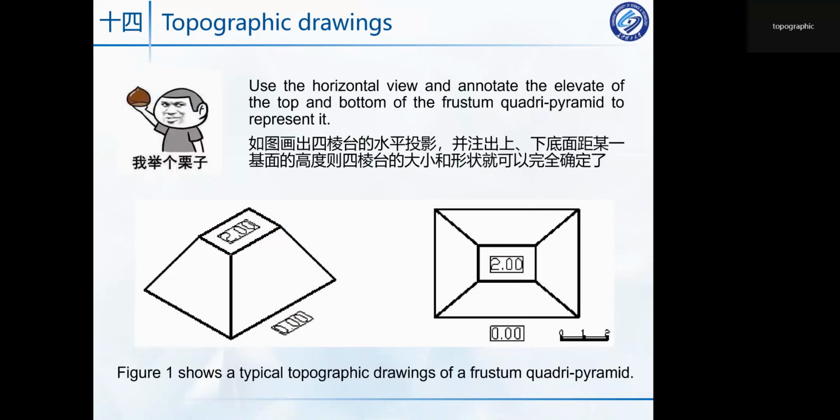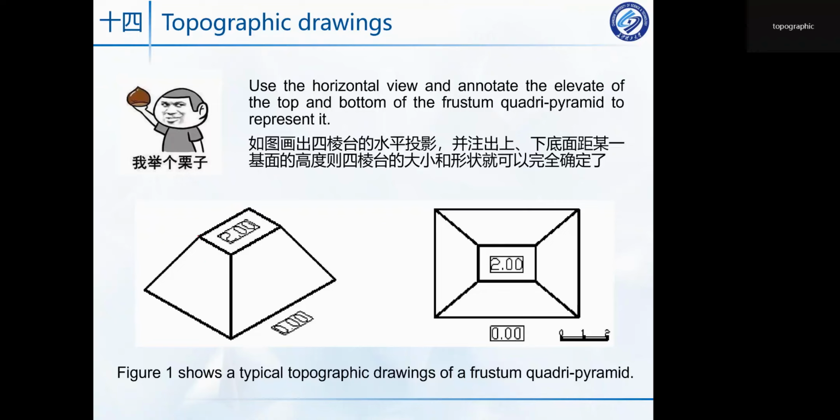So how to do it? I think if you want to determine a quadrilateral pyramid, at first you have to know the height of this pyramid, and the shape of the bottom rectangle and the top rectangle.